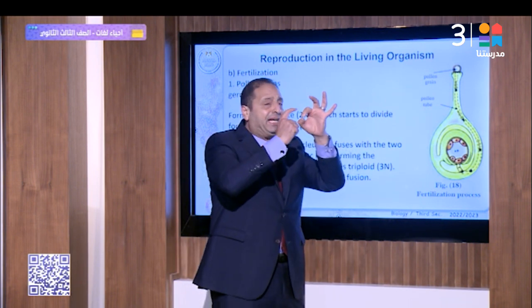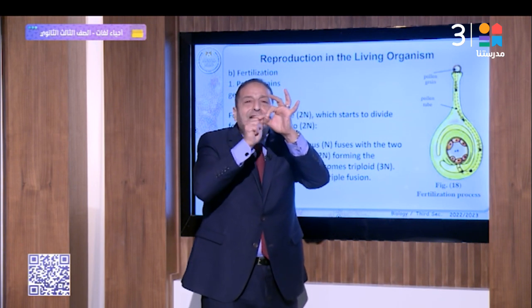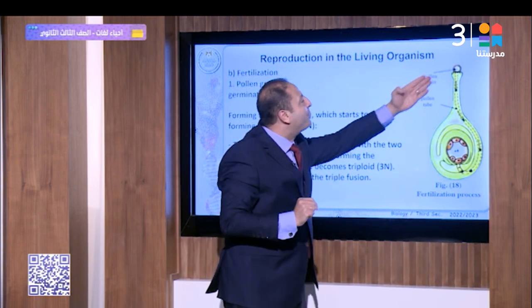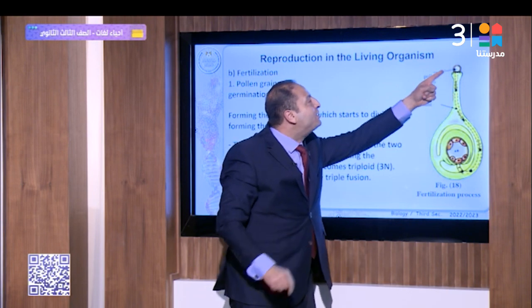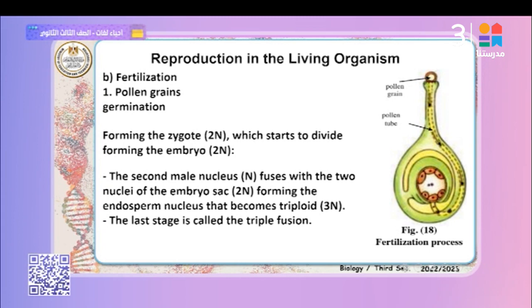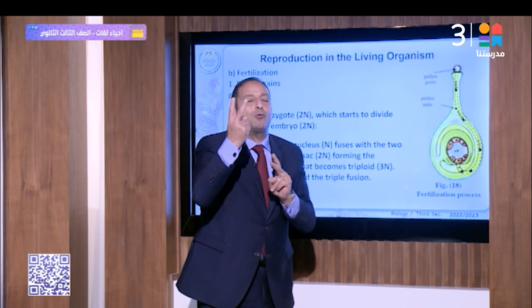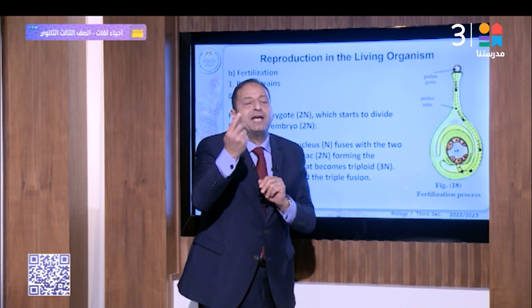Each pollen grain contains a generative nucleus and a tube nucleus. The tube nucleus forms the pollen tube. The pollen tube extends through the style until reaching the micropyle. The generative nucleus divides mitotically to give two male nuclei, each of which contains N.